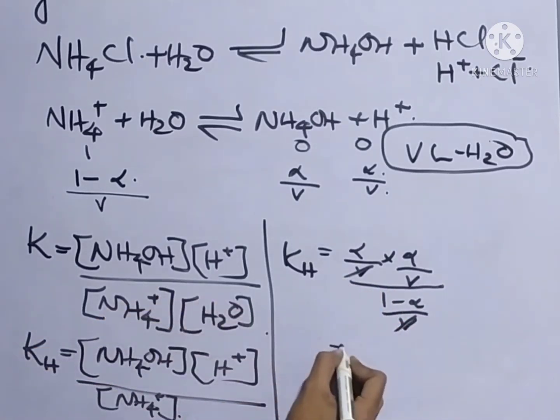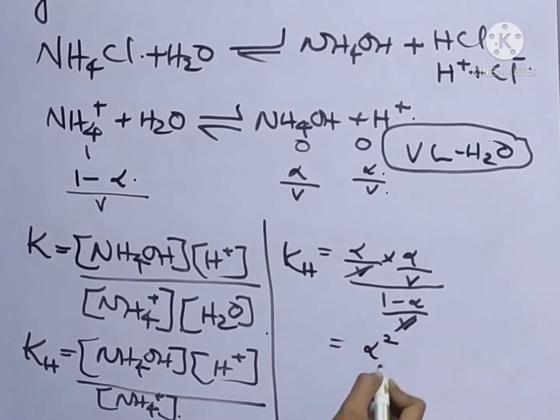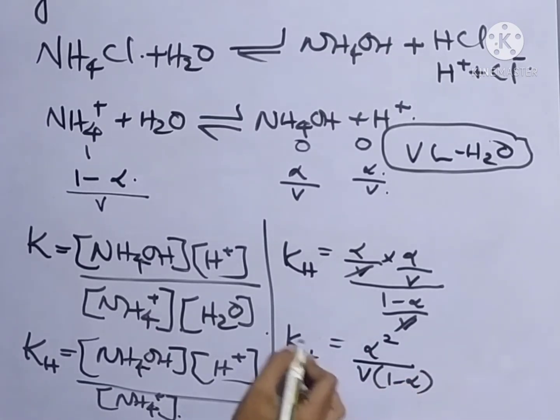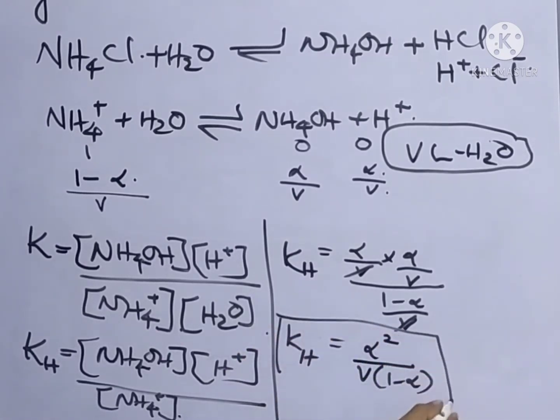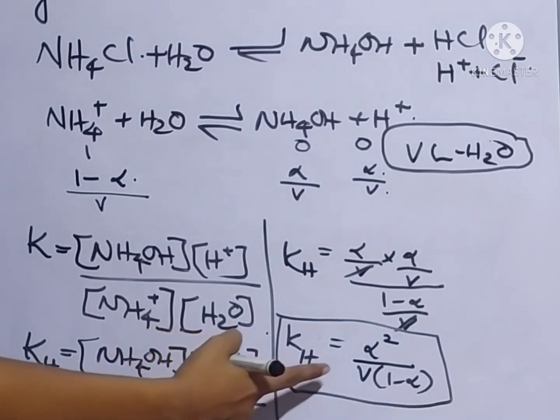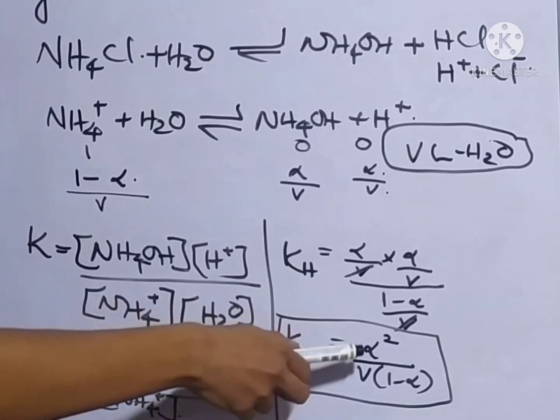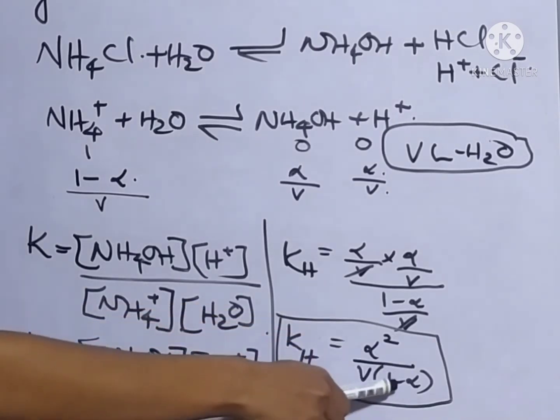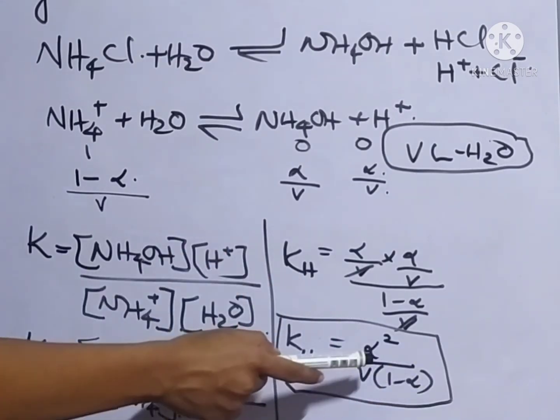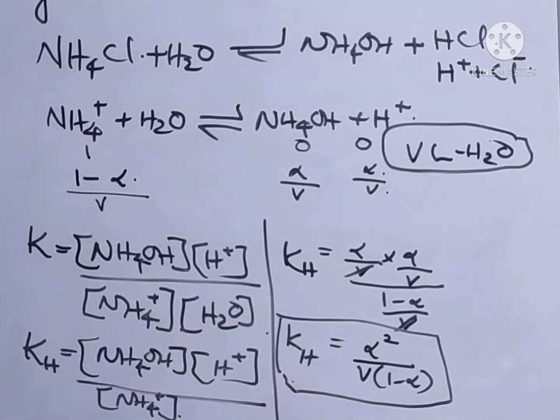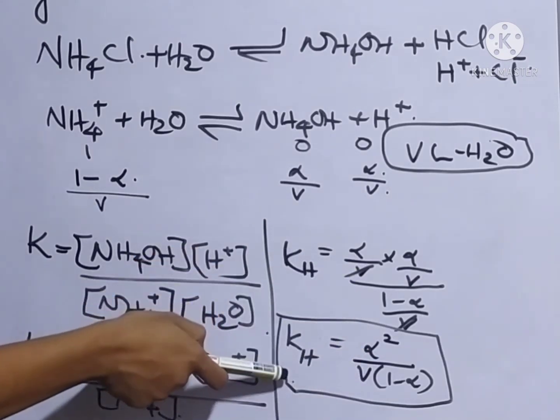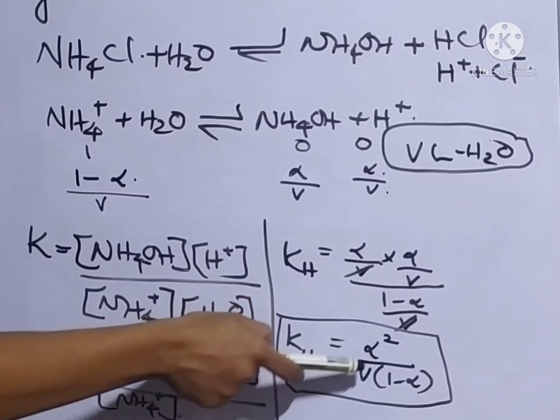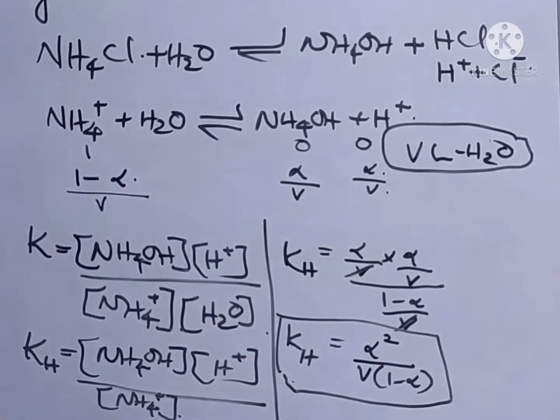So we'll get alpha square divided by V into 1 minus alpha. This is the hydrolysis constant: KH equals alpha square divided by V into 1 minus alpha. Here alpha is the degree of dissociation. If we want to calculate the hydrolysis constant, we should know the value of alpha.